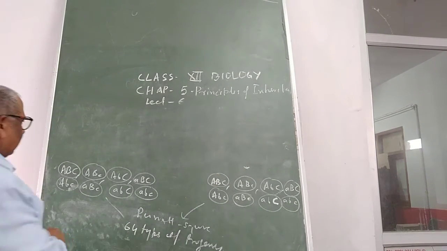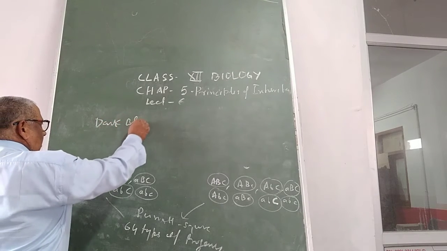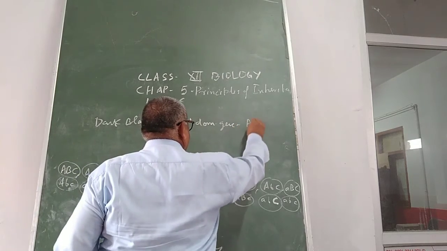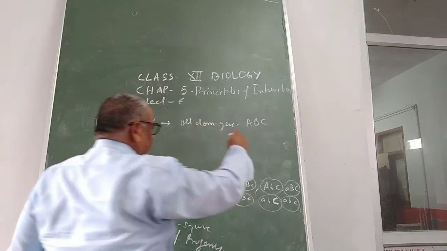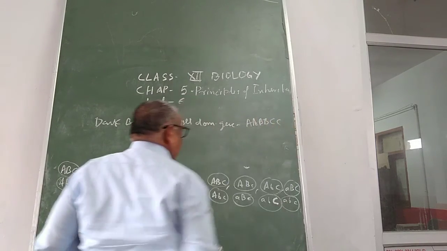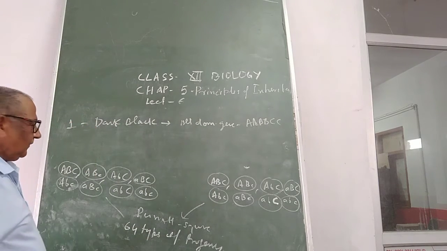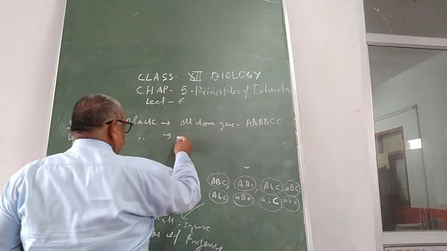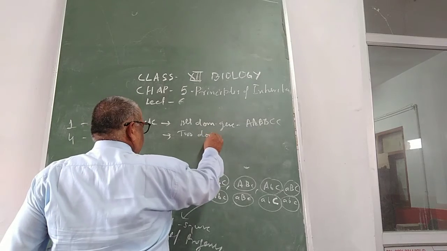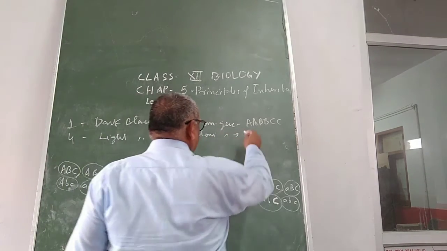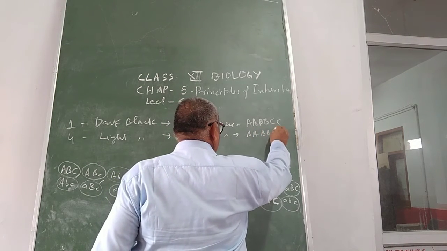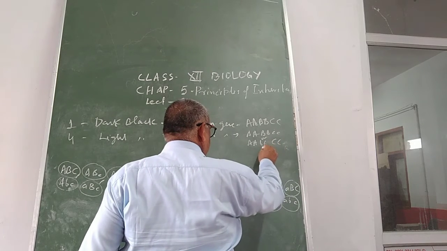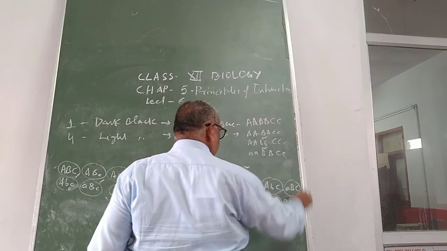They are basically, number one, dark black, which means they have all dominant genes, this type of combination, and there is one such individual. Now we find four light black, which means two dominant genes, any two.